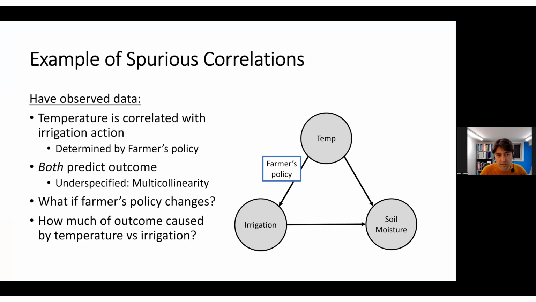So we can represent these types of challenges a little bit more formally. We can draw out a graph that relates each of our variables to each other, and draw arrows that indicate the direction of causal mechanisms that we believe might exist in the system.